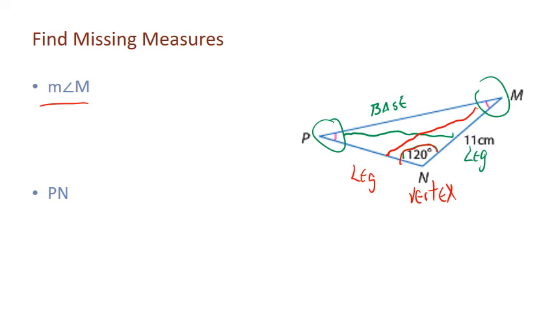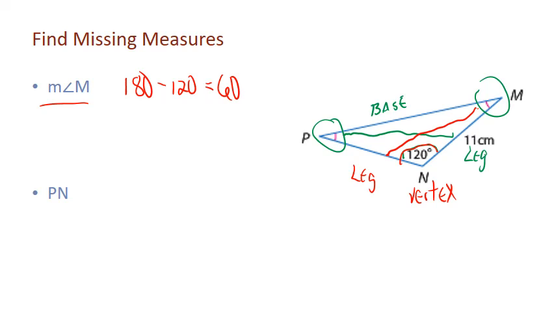So we're asked to find the measure of angle M. Well, if angle M and angle P are congruent, and angle N is 120 degrees, then each triangle we know has 180 degrees. And if I subtract the vertex angle measurement, I'm left with 60.